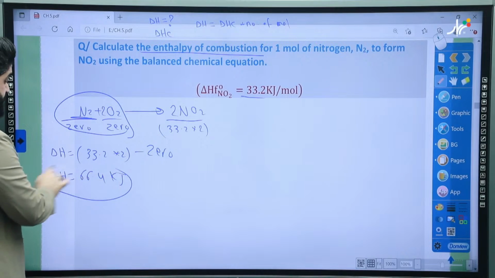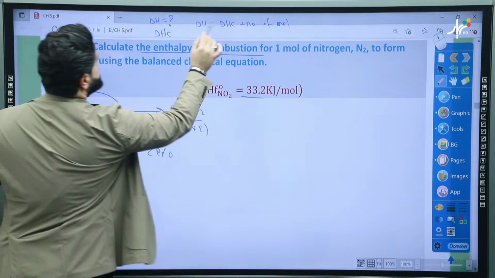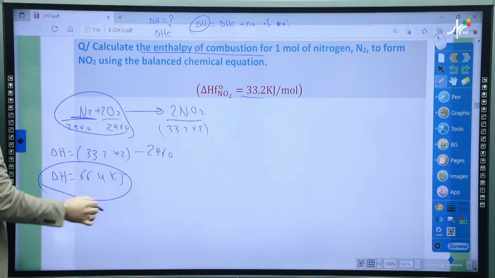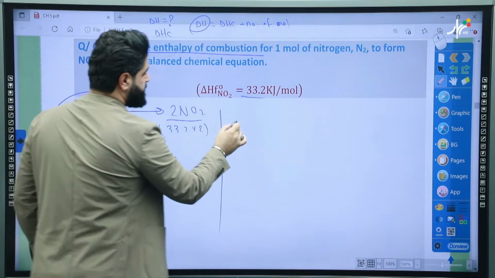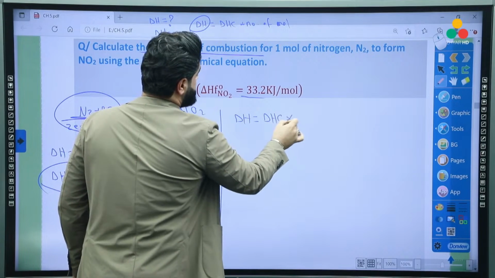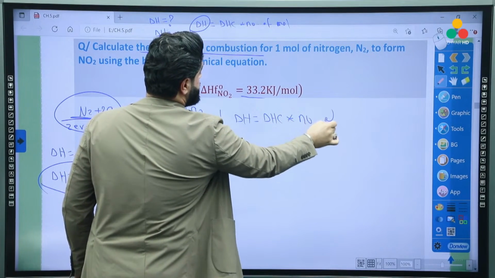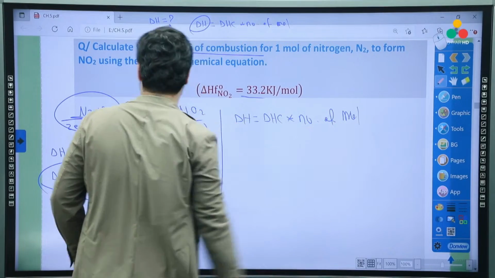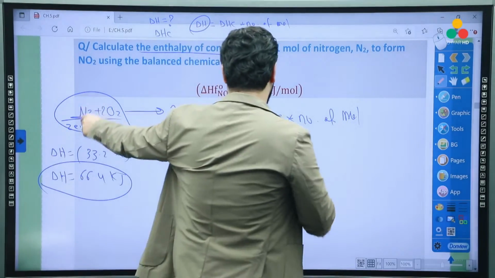But it's delta H, and we need to substitute the value of delta H in here. Look, delta H equals delta HC times number of moles. How many moles of N2 combust? 1 mole.